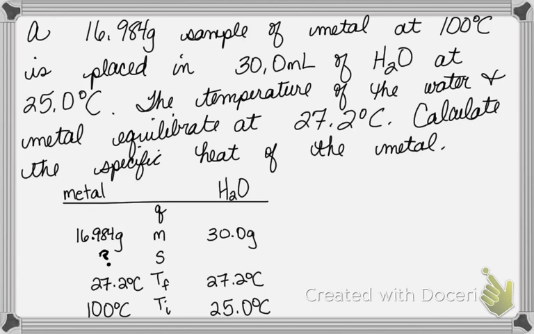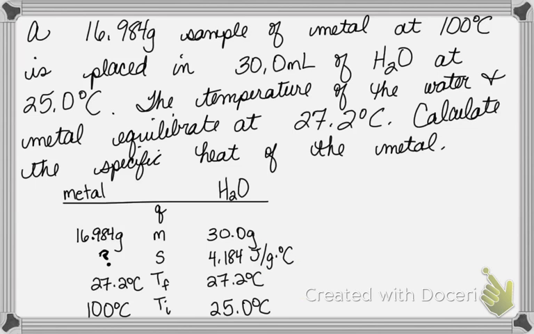But we do know that we're dealing with water, so we could look up in the book, page 200, yeah, there's a table of specific heats, and the specific heat of water is 4.184 joules per gram times degrees Celsius. And so if that's the specific heat, I've got to make sure all my other units match that. So my mass should be in grams, and it is, and my temperature should be in Celsius, and it is.